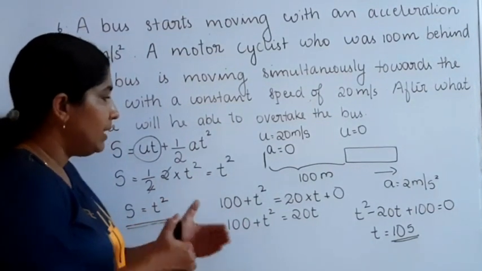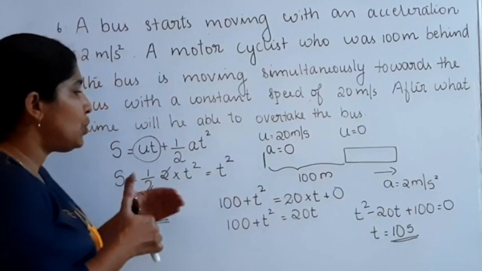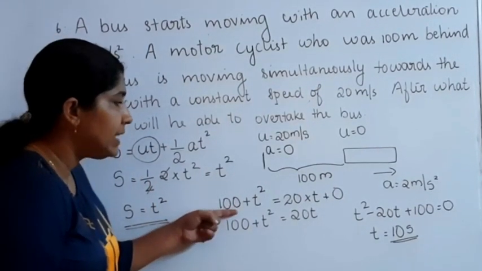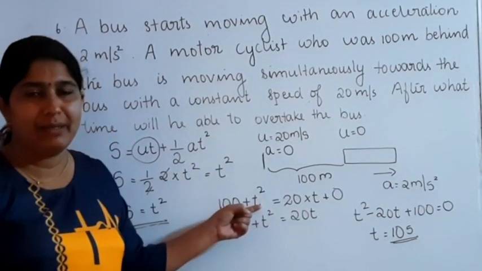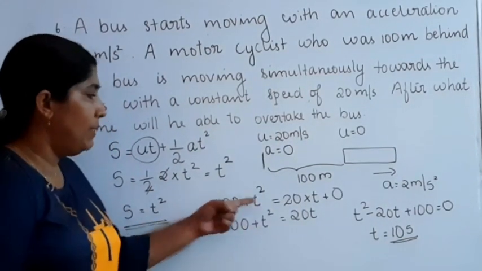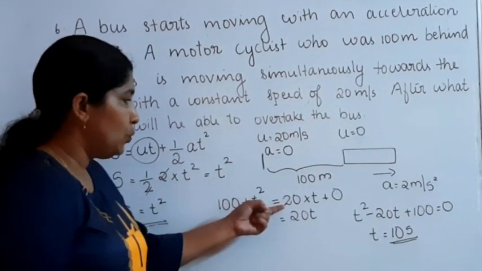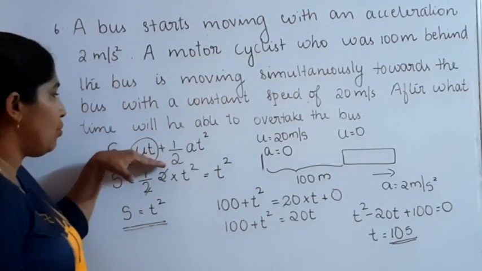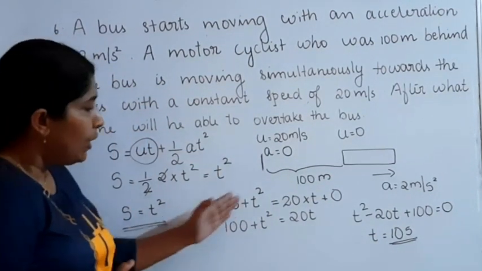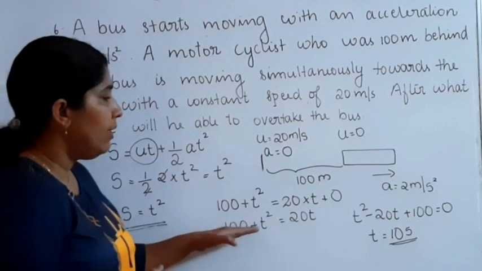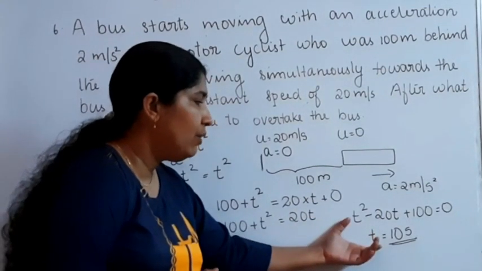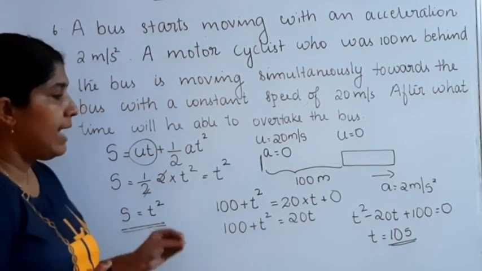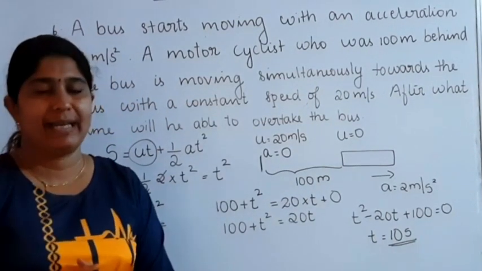To overtake the bus, the motorcyclist wants to cover a distance equal to 100 meter plus the distance travelled by the bus. Therefore 100 plus t square is equal to 20 into t plus 0. Then on rearranging, we got a second degree equation, and from that we get the answer as t equal to 10 seconds.